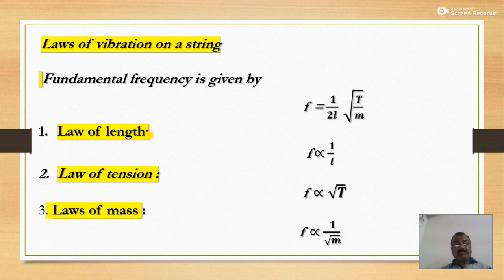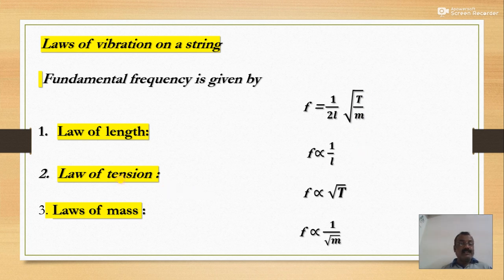Consider f is inversely proportional to L. The law of length is: fundamental frequency is inversely proportional to length if and only if the tension in the string and mass per unit length of the string remain constant.